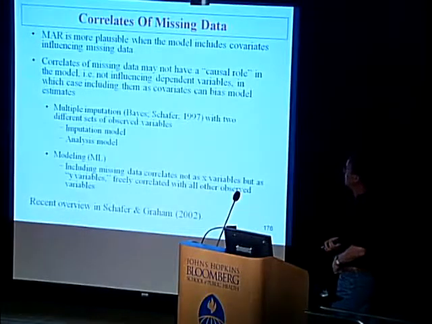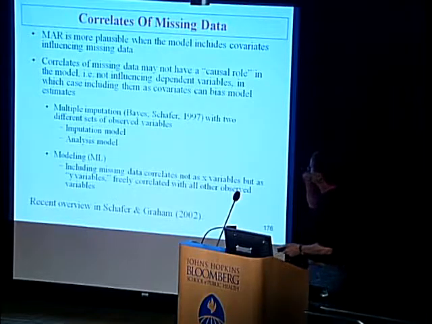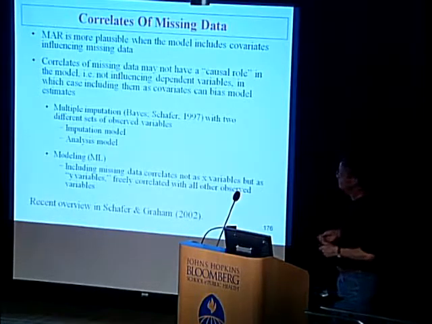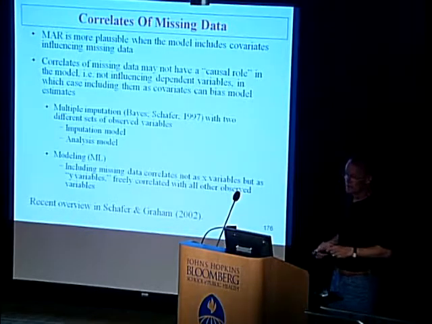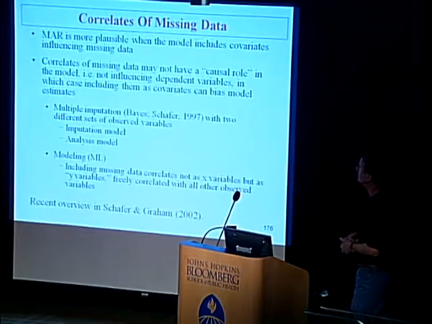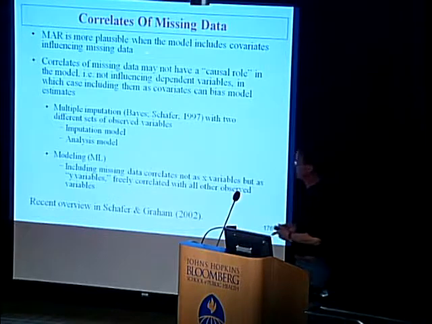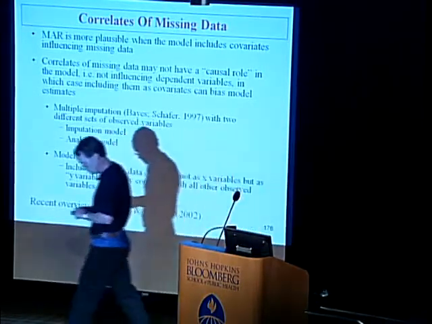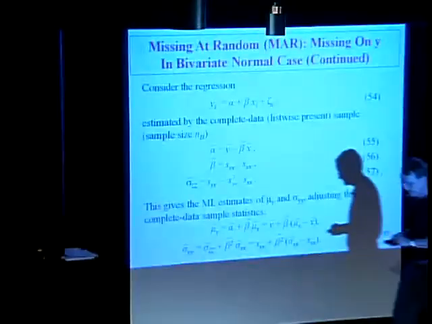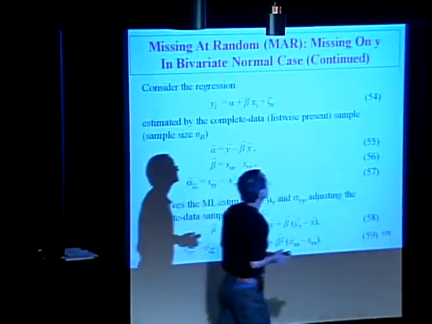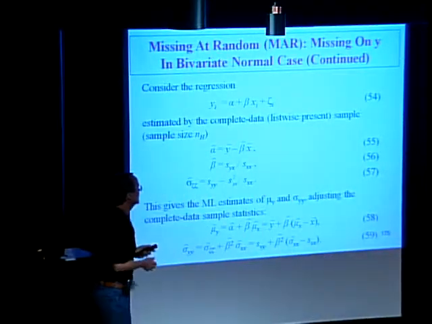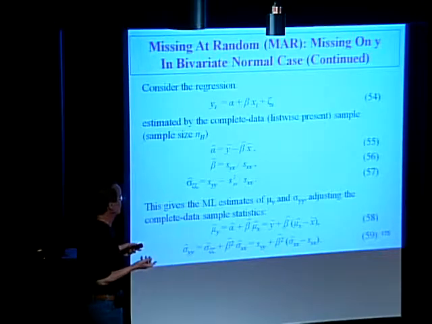Now, MAR is a standard assumption, but it's not always a correct assumption. But you can actually make MAR more plausible. You can make it more plausible by including covariates in the model that predict missing data.